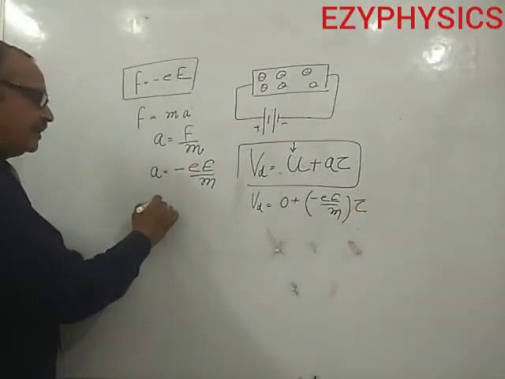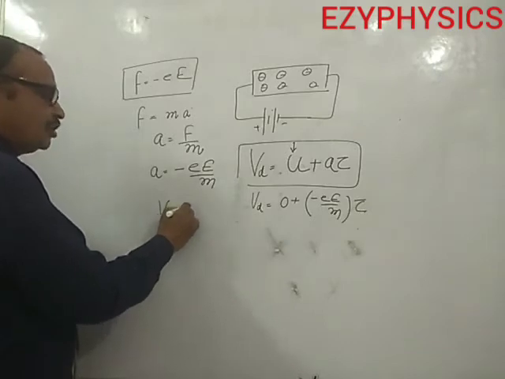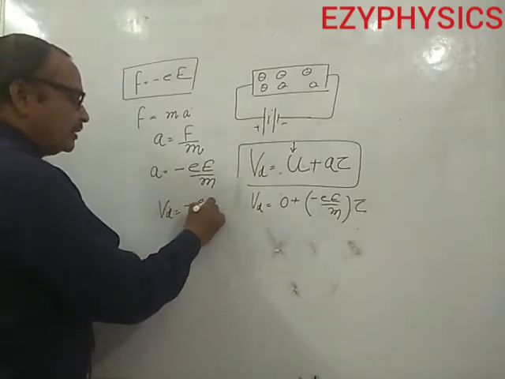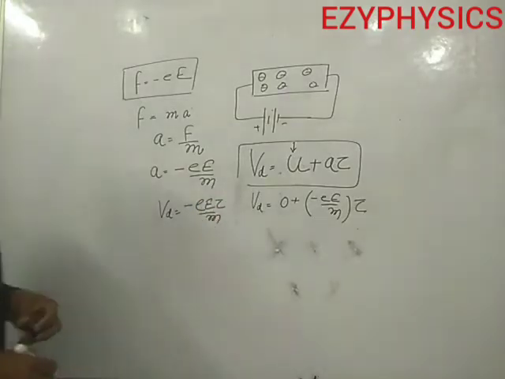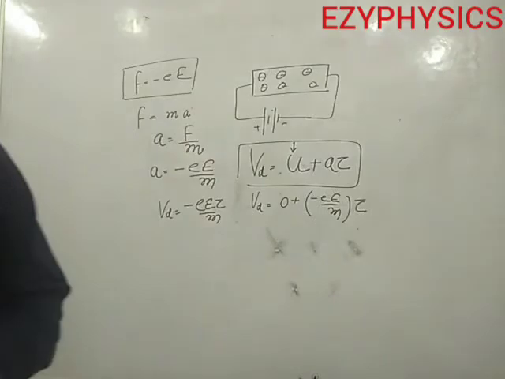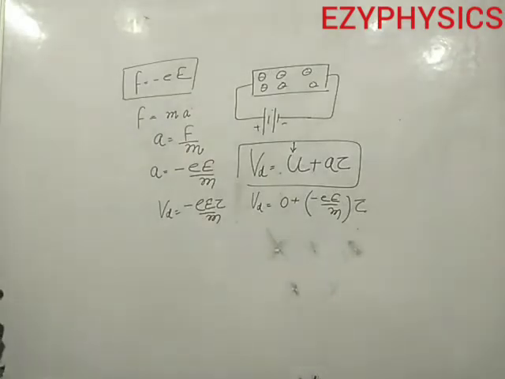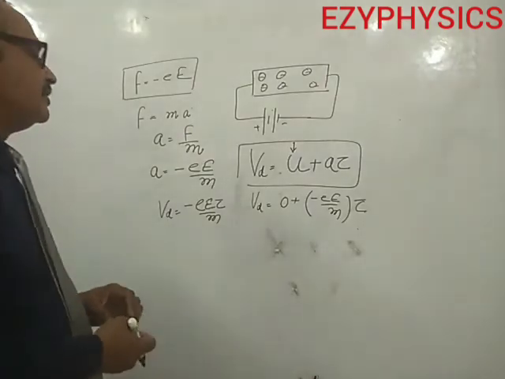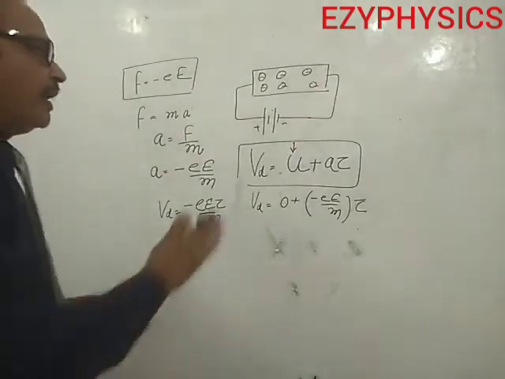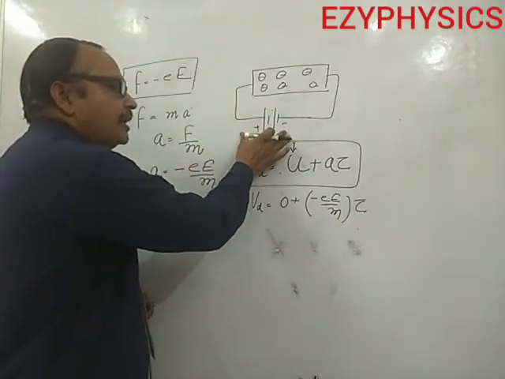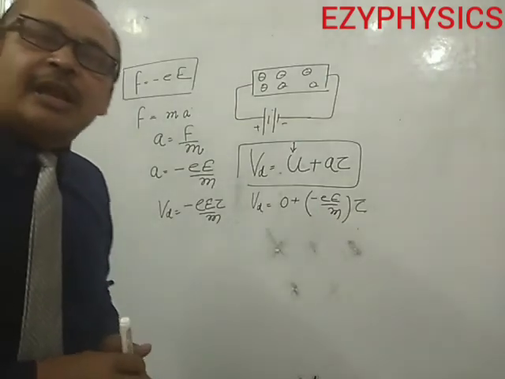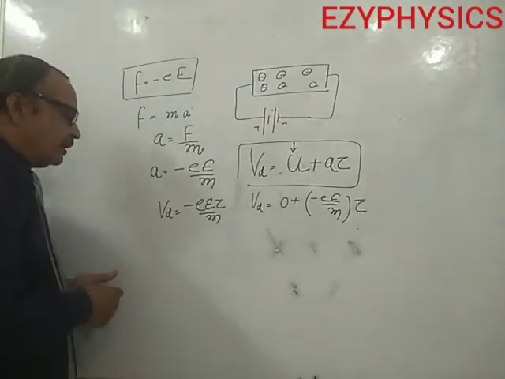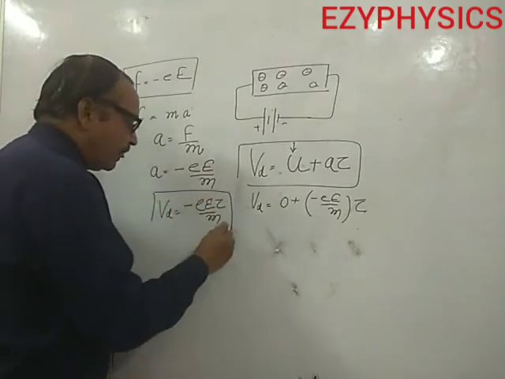So finally Vd is equal to minus E E tau over M. This is the drift velocity attained by the electrons when the electric field is applied and they start moving from one terminal to another.